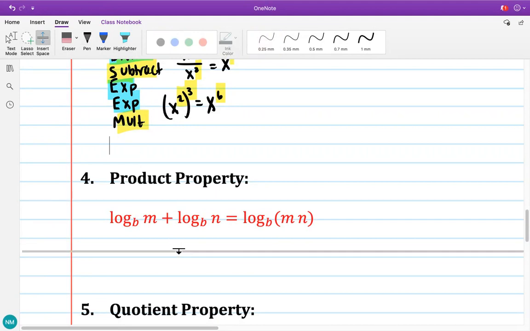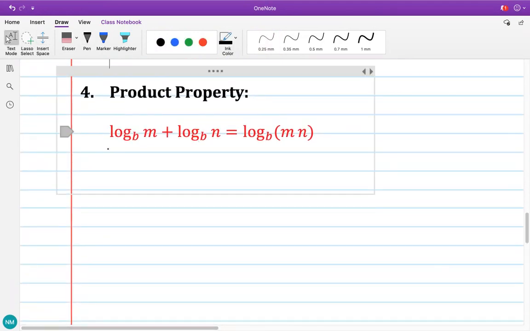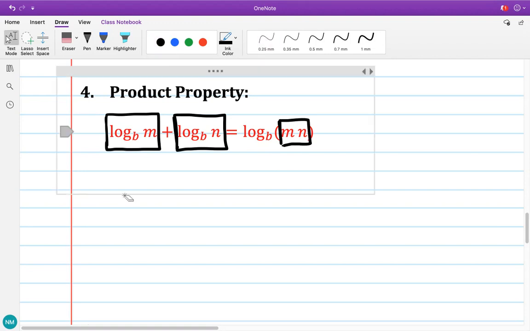So the product property. Remember, and I keep emphasizing it, a logarithm is an exponent. The whole point of logarithms is to solve for exponents. So this is saying that if I have a power, and I'm adding it to another power, it is the same thing as me multiplying it.